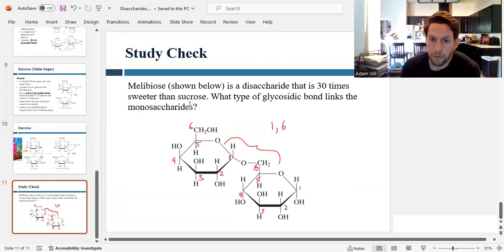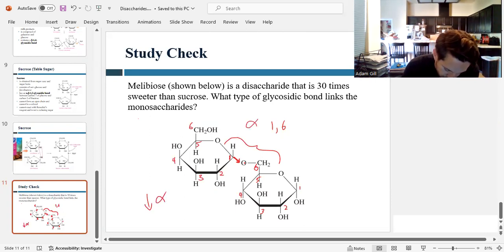Now, carbon 1 is the anomeric position. And so we need to decide if this is in the alpha or beta conformation. And we can see that the oxygen is coming in a downward orientation. And so we know that down is alpha. And so we would say that this is an alpha 1,6 glycosidic bond.